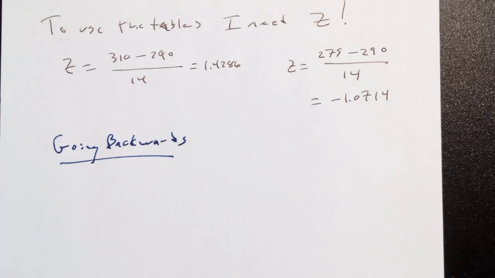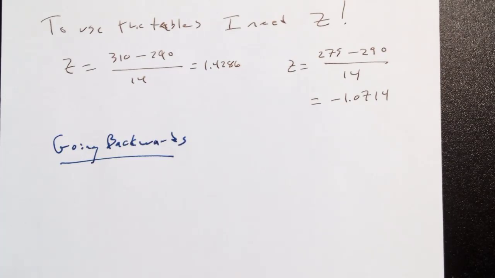Often, we want to go the other way around. Find me the X. What number is the correct value? So to work this backwards, I need to start with the area and figure out what the Z or X score is.